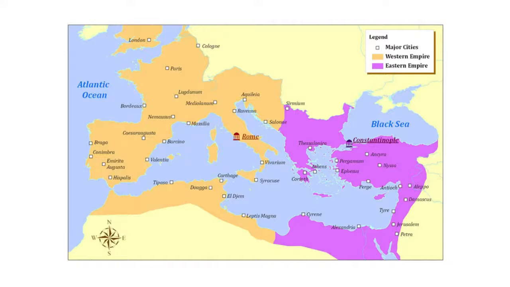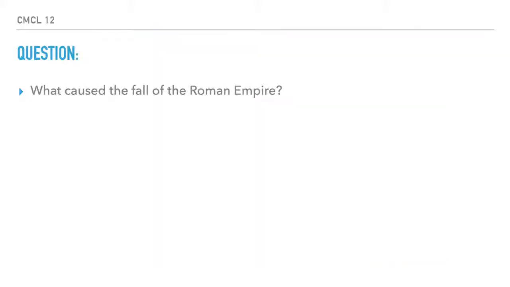Parts of what's now England will be under the control of the Romans, not to mention North Africa and Egypt and the Levant, which is now kind of Israel, Palestine, most of Turkey, all of Greece. All of these areas will be under the control of Rome, but it'll be too much to deal with. It's just the empire is too large. And so it'll eventually be split into a Western and an Eastern empire. Okay.